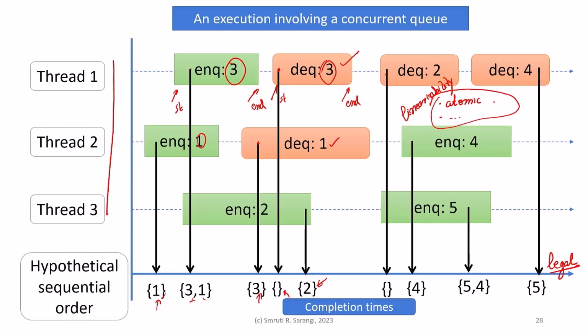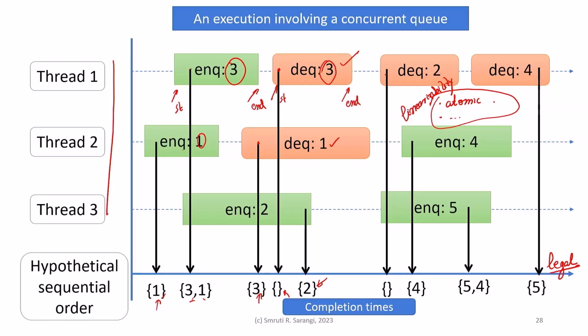Linearizability is the property that I just mentioned, which is a combination of atomicity plus the completion time being between the start and the end, and the equivalent sequential execution being legal, right? These three things. Then the property is said to be linearizable, or the specification is said to be linearizable, or you are said to be consistent with linearizability.